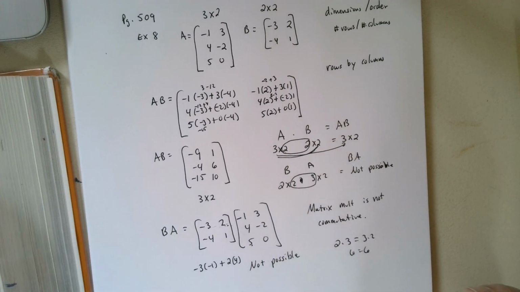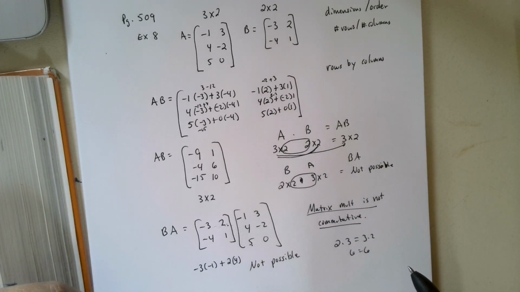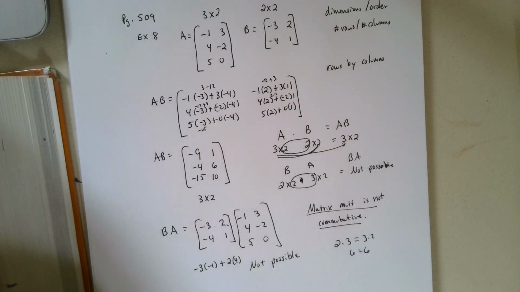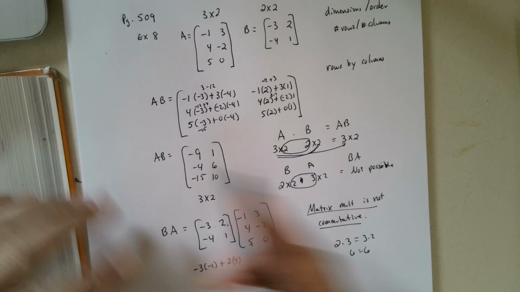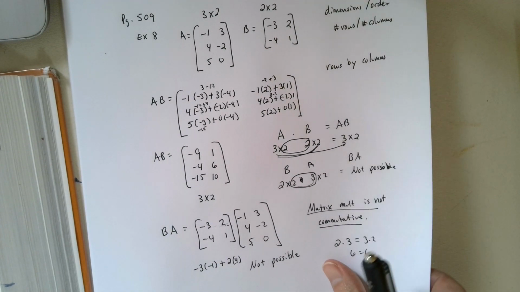And so within the real number system, multiplication is commutative. But matrix multiplication is not commutative. You cannot always multiply A times B and B times A. Now, sometimes you can, but sometimes you can't. And if you can't multiply it, if these numbers don't match, then you just write not possible for those particular problems.